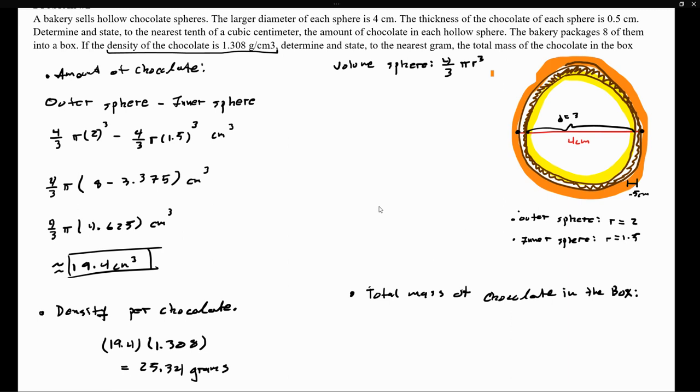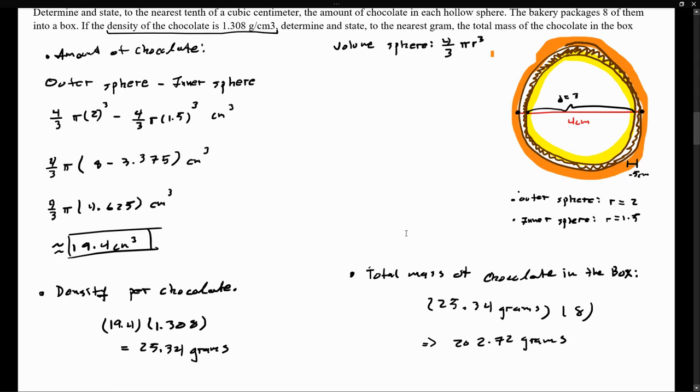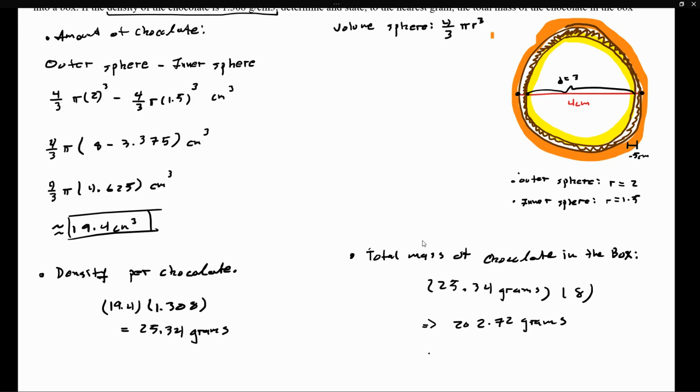So to properly answer the question, all we gotta do is just multiply them. Each ball has 25.34 grams, and each box has 8 of them. So the total box is a multiplication of those two, which is approximately 202.72 grams. But notice that the question states to the nearest gram, so we're just going to round this to 203.